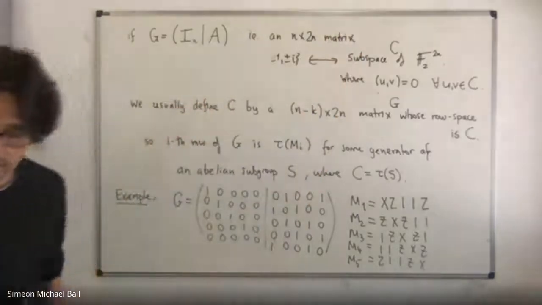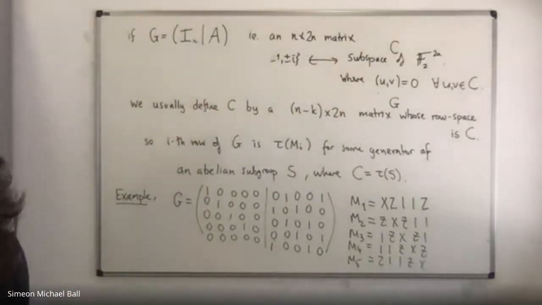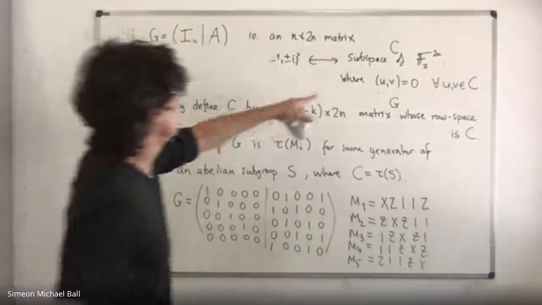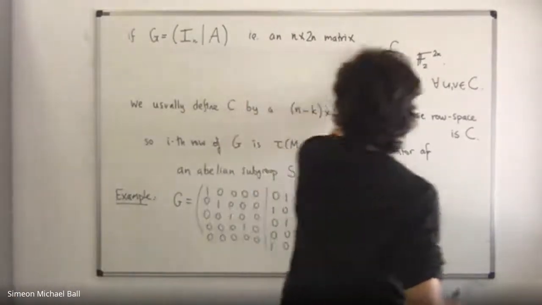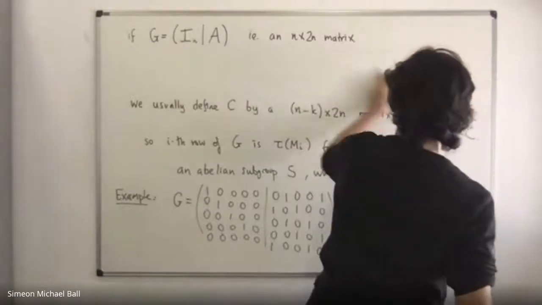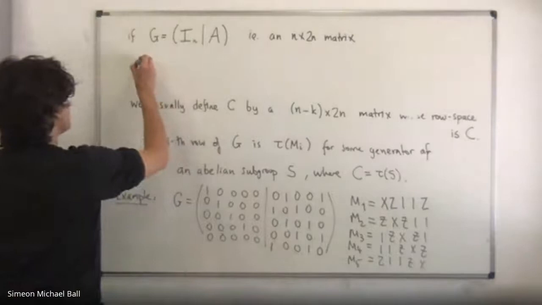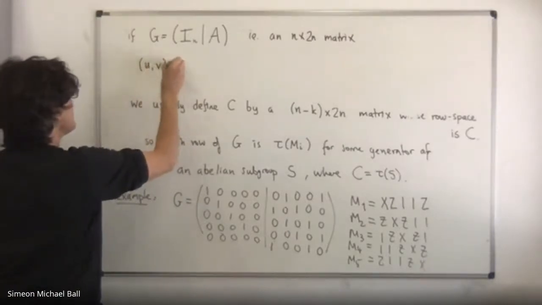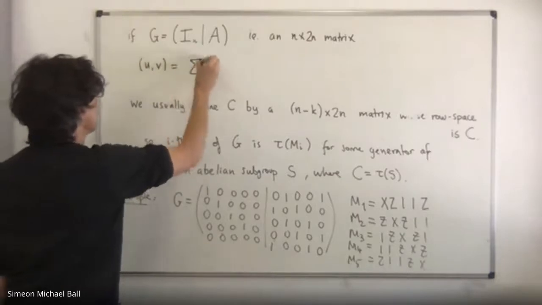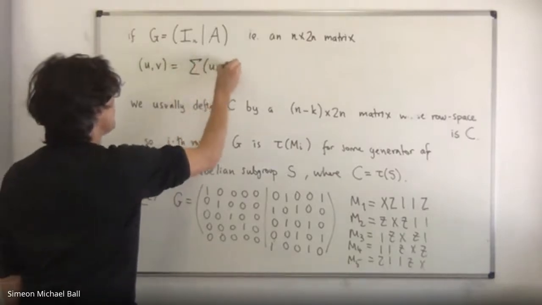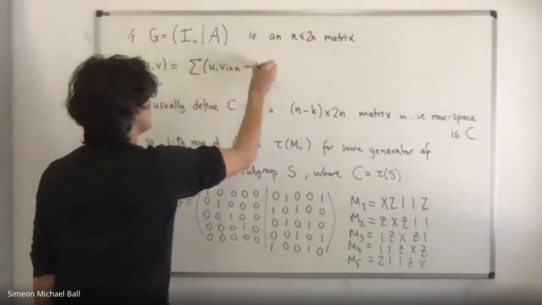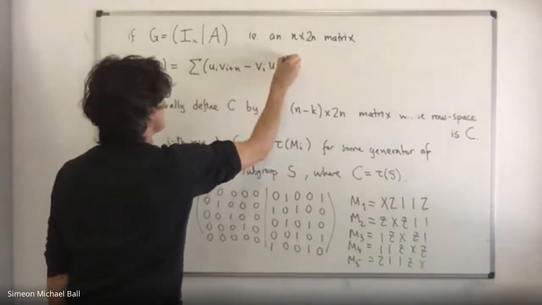Then let's work out exactly what the condition is that we have to go here. So the inner product of u and v is the sum of u_i v_i' plus v_i u_i'.